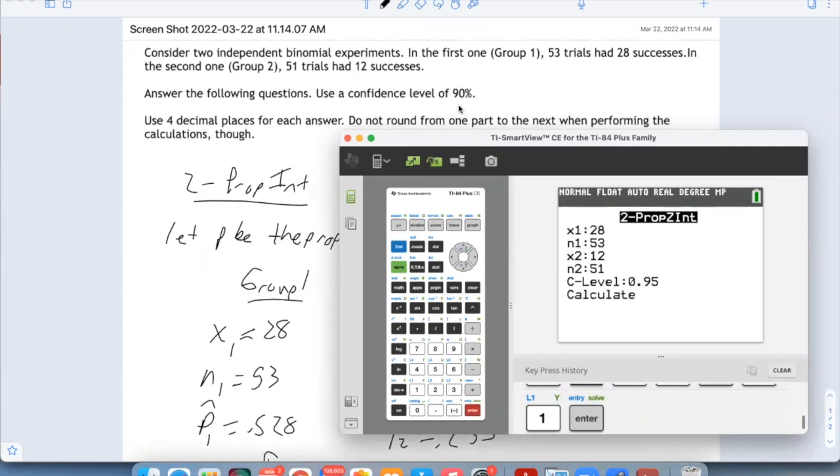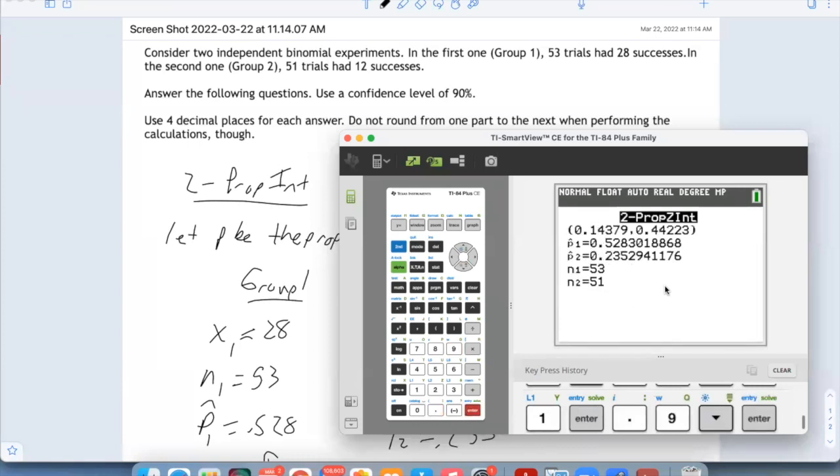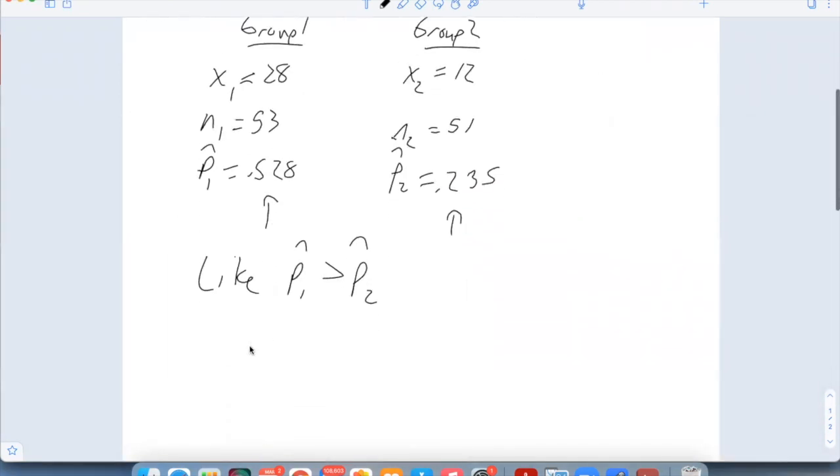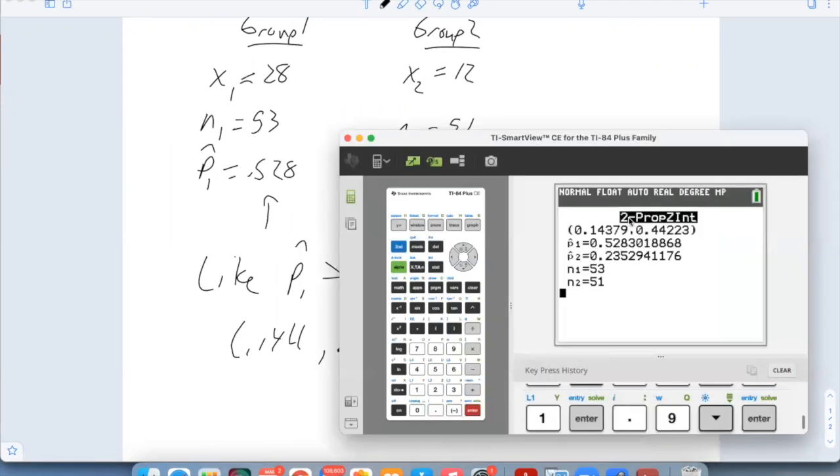That's the one people forget to change. They just always want to leave the confidence level. 90% and hit enter. And there's my interval: 14.4 to 44.2.